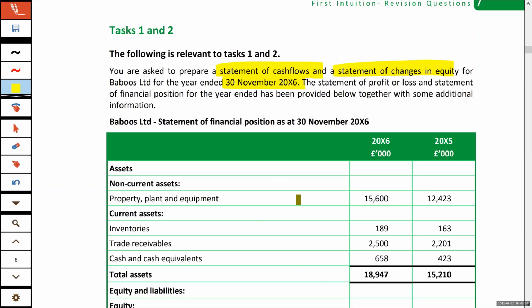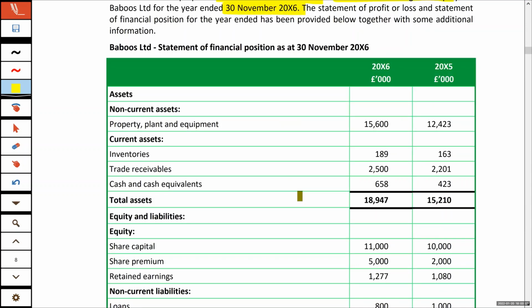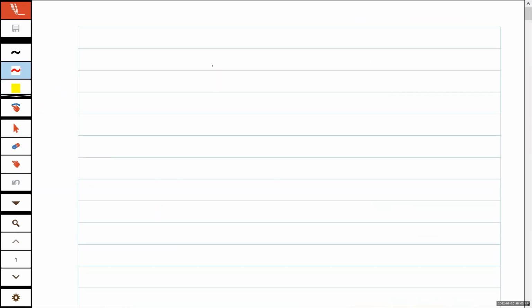Okay, so in a statement of cash flow question, the first key thing that I would like to really reiterate is how a cash flow looks like. What are we trying to achieve by doing a cash flow? What cash flow is basically is we have been given a profit or loss account, and we'll always be given a balance sheet as well.